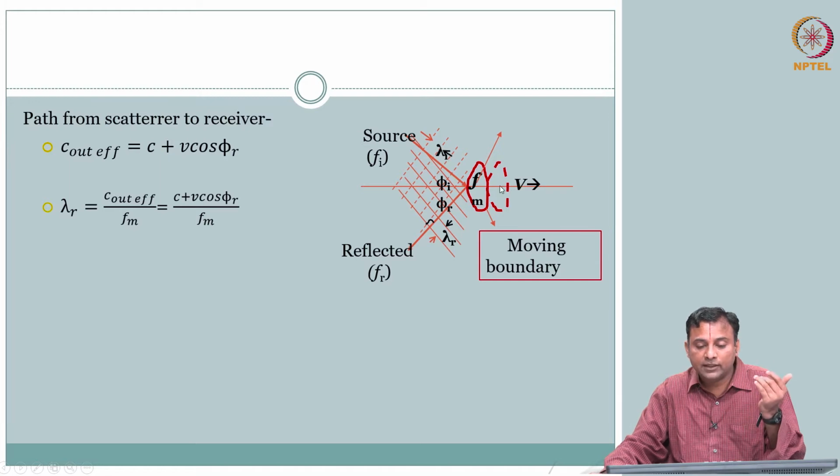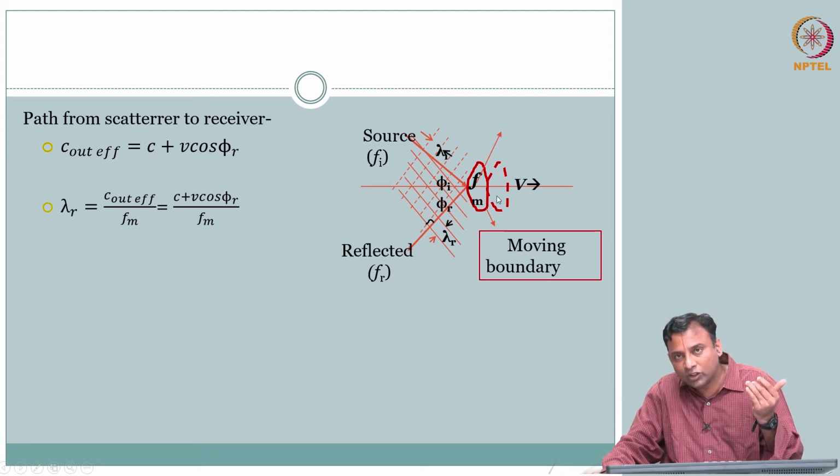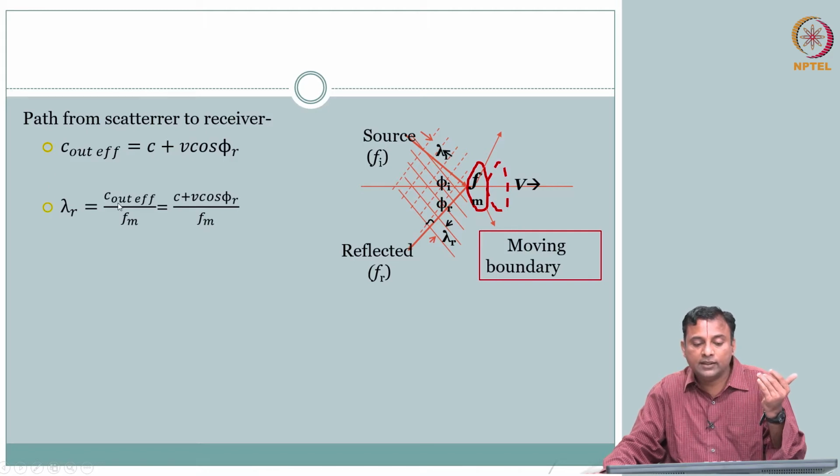But now the difference is the reflected wave has an effective velocity based on the interface that is also moving. That is why this is c out effective by fm. So this is the lambda r. If I substitute for my c out effective, I get c plus v cos phi r by fm.